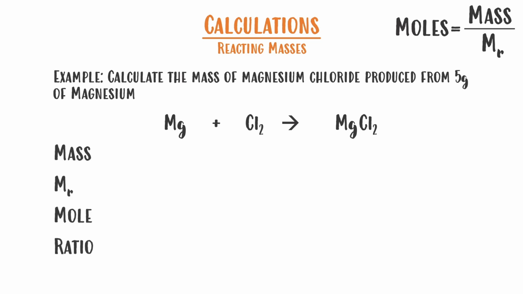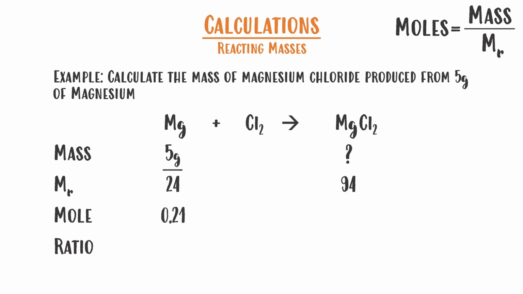We'll start by inputting our known values. 5 grams of magnesium. I need to work out the mass of magnesium chloride. We know the MR of magnesium is 24, and we can work out the MR of magnesium chloride as 94. First thing I can do is work out the moles of magnesium, 5 over 24, to give me 0.21.